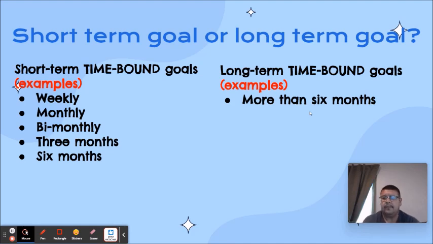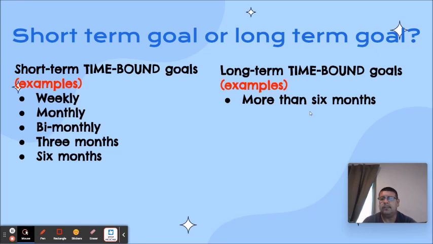So if it's something that you want to do by the end of the week, the month, the 2 month period, the 3 month period, or a 6 month period, that will be considered a short term goal. I'm going to give you some examples in a few minutes.